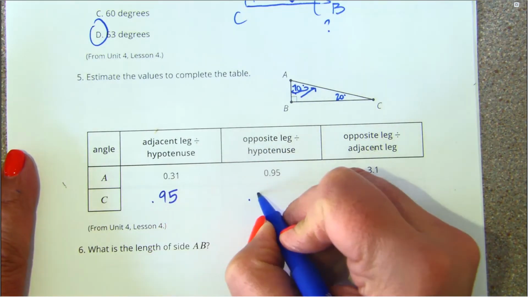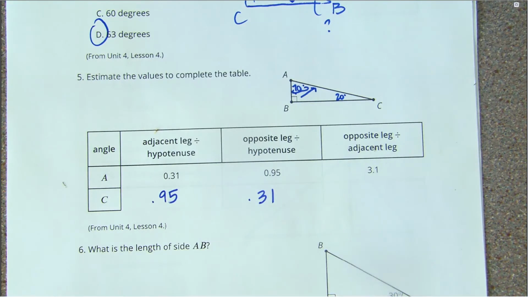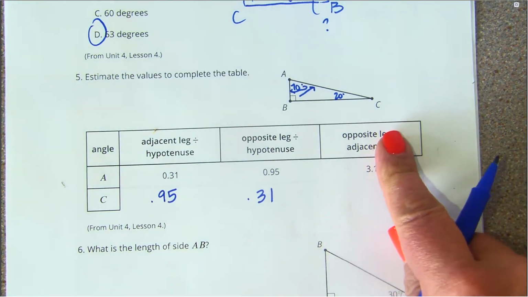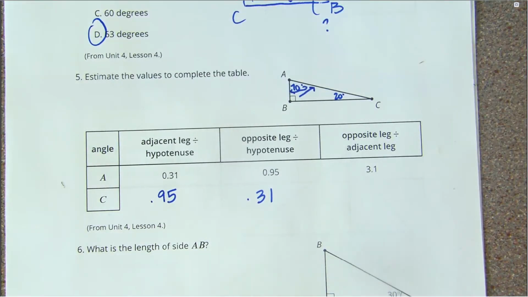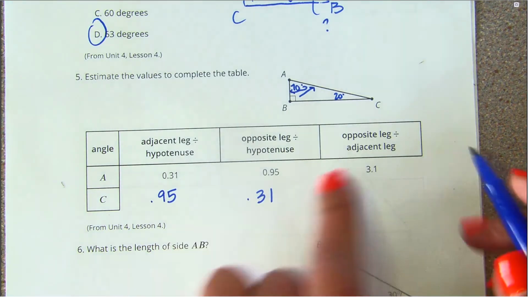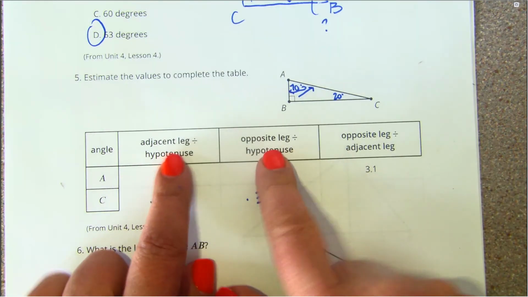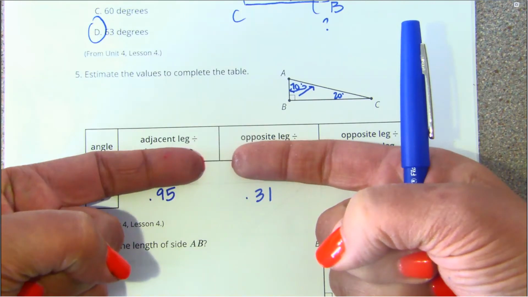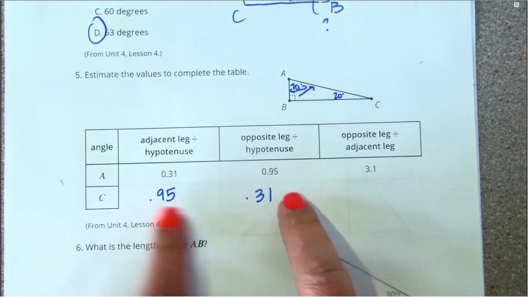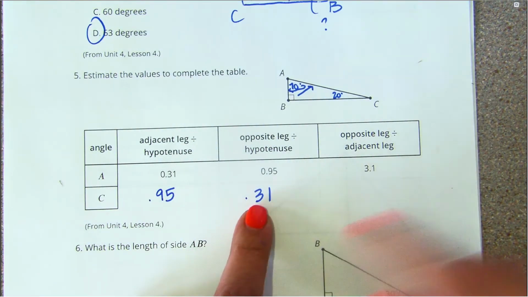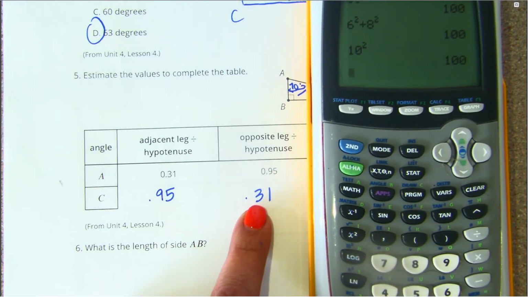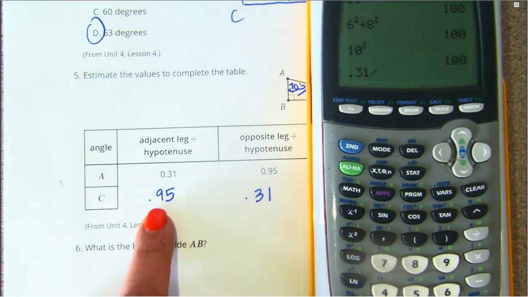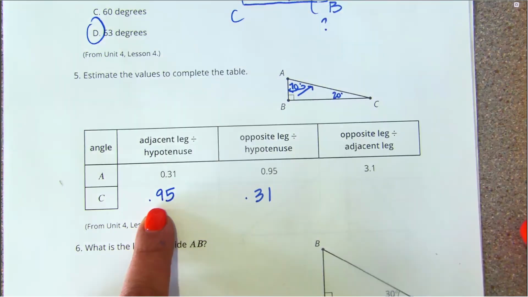0.95, 0.31. Now, to get this answer, you've got two ways to do it. Because both of these are being divided by the hypotenuse, you could just ignore that mathematically right now. You could just take the opposite, which is 0.31, and divide it by 0.95, and we get 0.326.